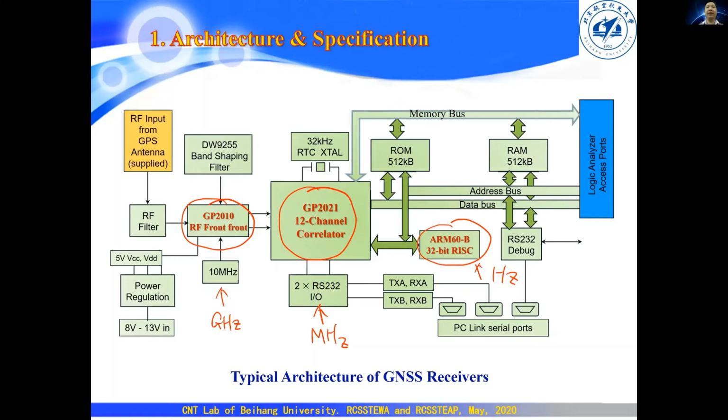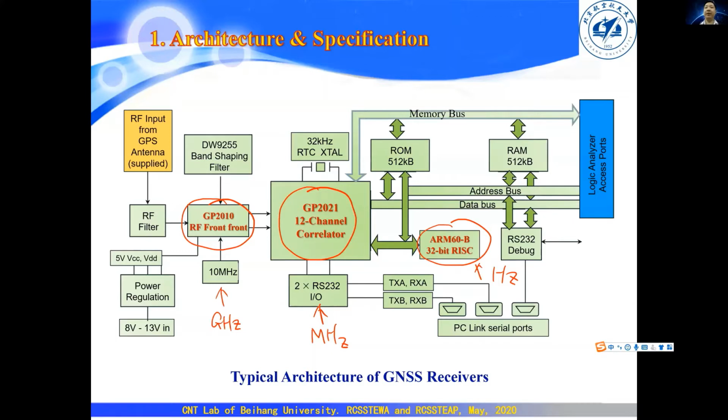All these chips I mentioned, at gigahertz, megahertz, and hertz level, are integrated into the processor. Nowadays we seldom see a separate chip for GPS and a chip for Beidou.